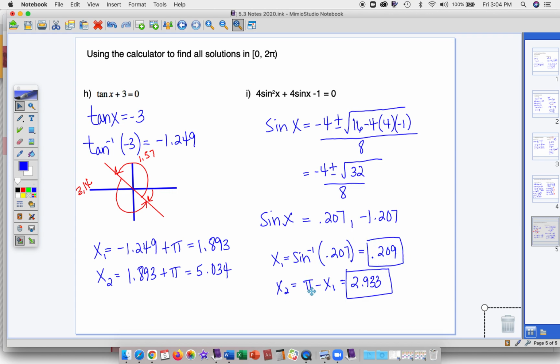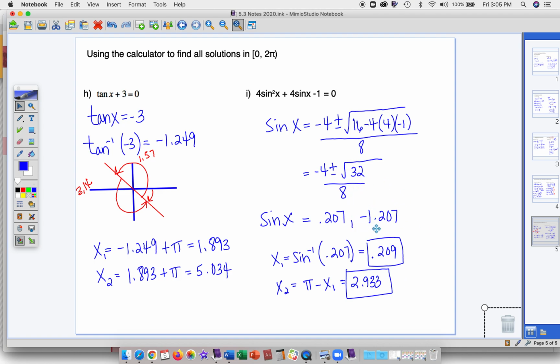Now I also have a solution in quadrant 2. So I'm taking pi minus x1, or minus the solution, and that gives me this angle, right? Because remember, this is our reference angle from quadrant 1. So when I subtract that from pi, I get my angle in quadrant 2. That's also a solution. Now you might be saying, hey, wait a minute, what about the rest of the problem?